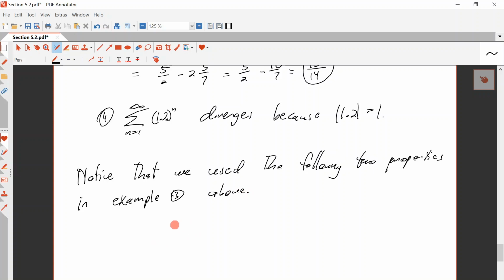One is that the sum n equals 0 to infinity of an plus bn is the sum n equals 0 to infinity of an plus the sum n equals 0 to infinity of bn.